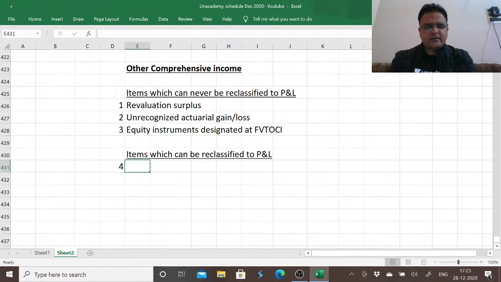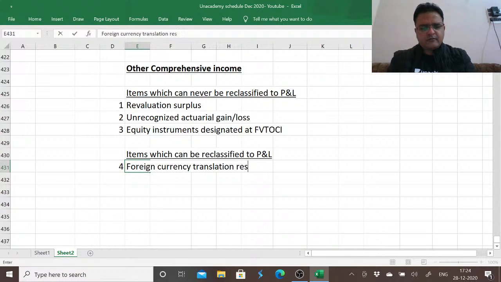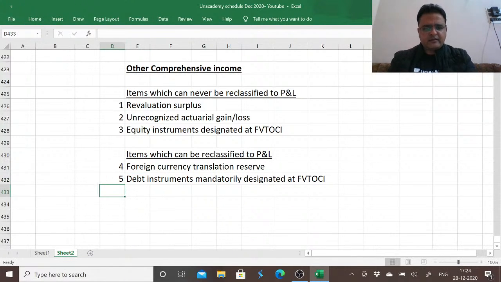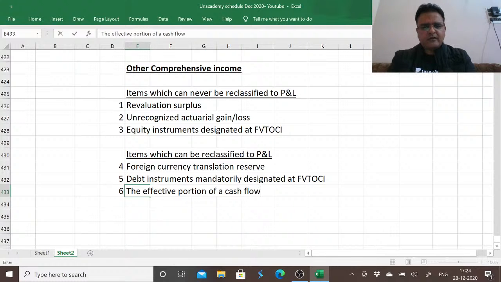They are foreign currency translation reserve, then debt instruments mandatorily designated at fair value through OCI, and the effective portion of a cash flow hedge.